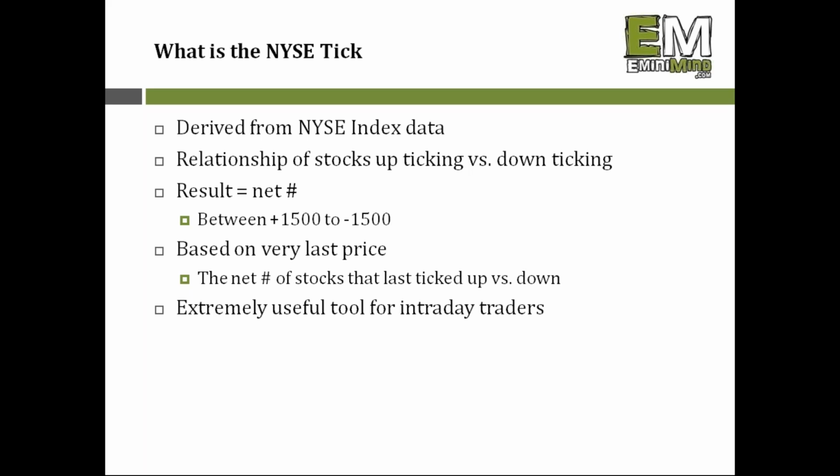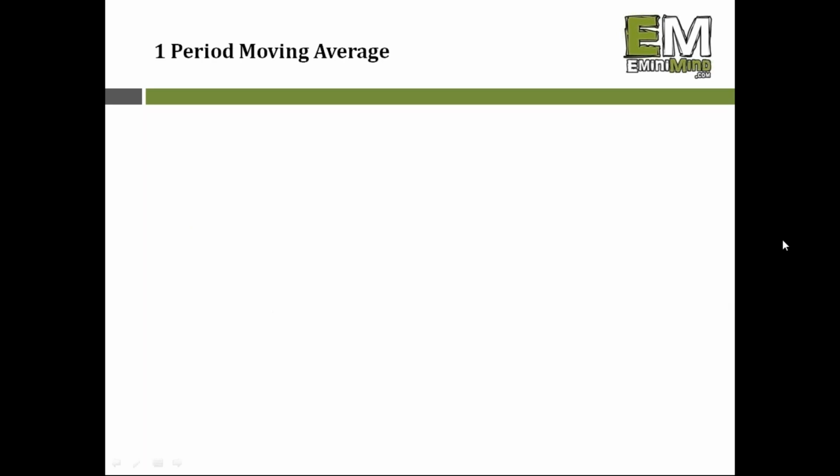And out of all the things that you could be looking at for trading, you could use any strategy that you want as far as the entry criteria that you're looking for. But no matter what you're using for your entry, it's always helpful to take a glance at the NYSE tick and determine if this is indeed a good entry point. And we'll get to some of those specifics in a few minutes.